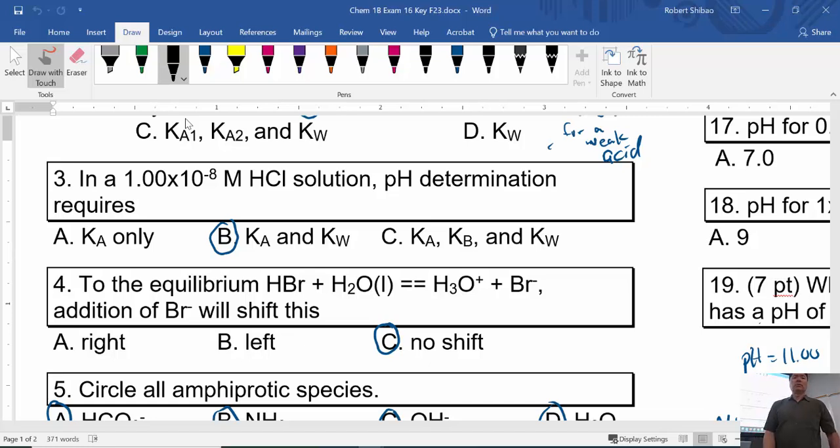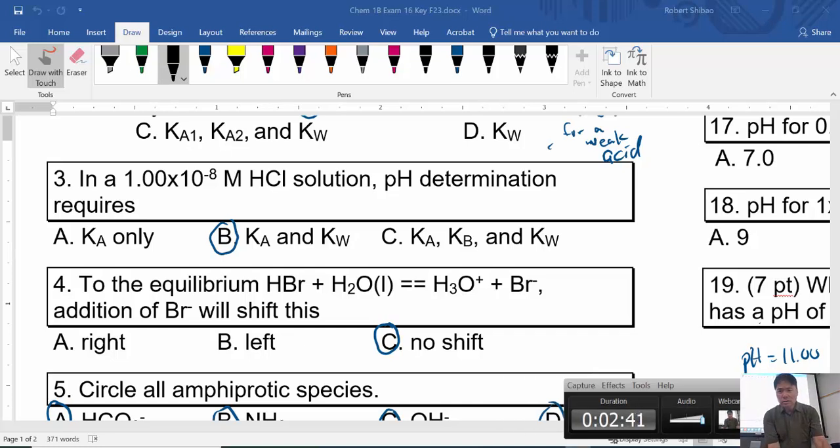Okay, number 3. Let's see. Look at number 3, a 1 times 10 to the minus 8 molar HCl solution. pH determination required. So 10 to the minus 8 molar, it's a strong acid, so it's going to give us 10 to the minus 8 molar H+.